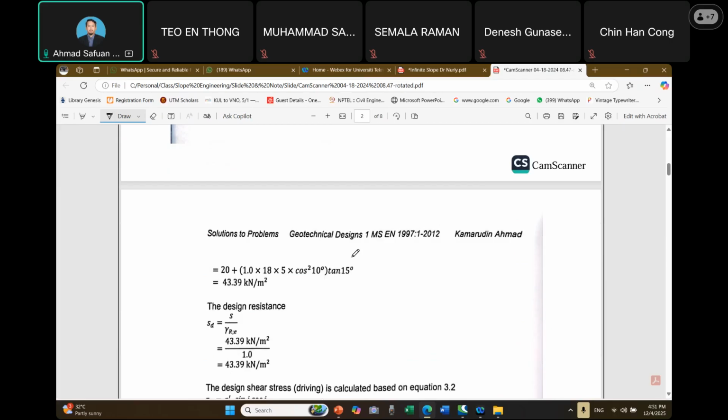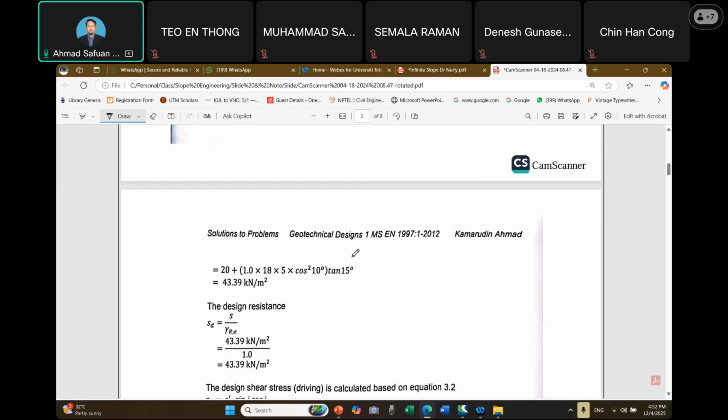Then this S value, we divide it with the gamma RE to get the shear strength, or to get the design shear strength.